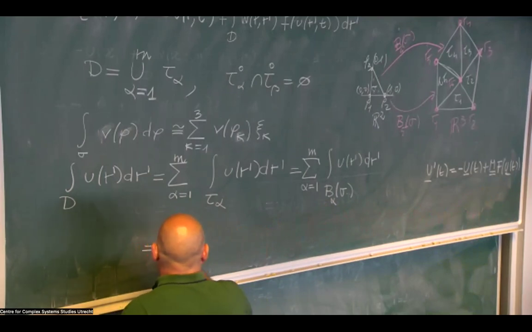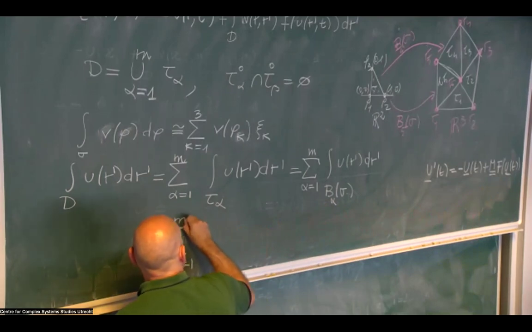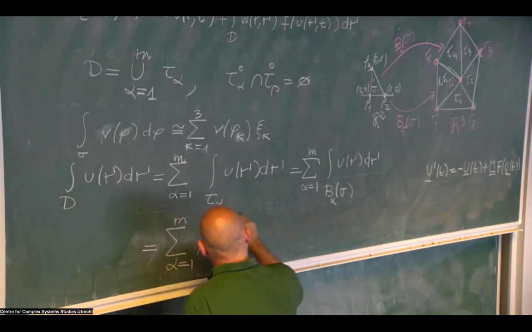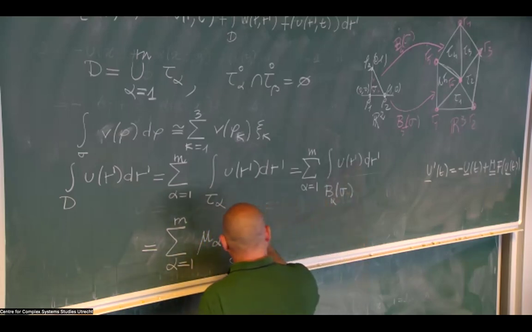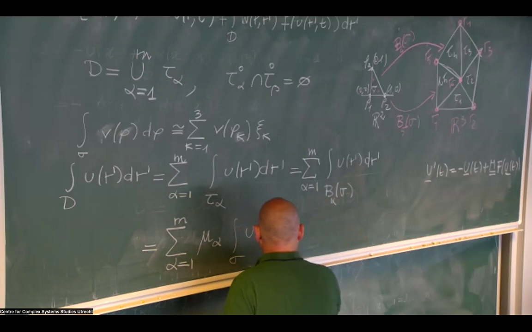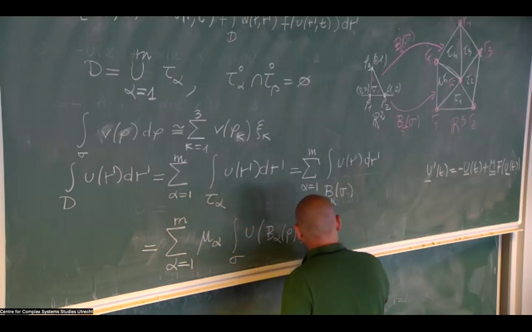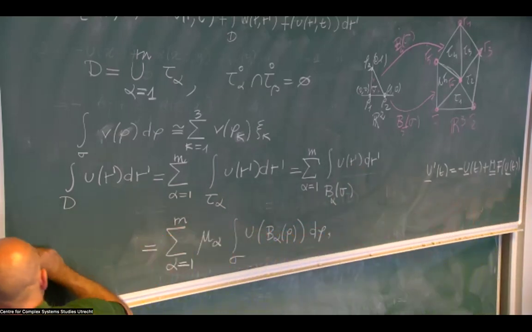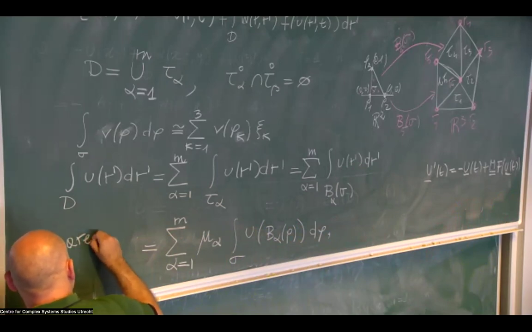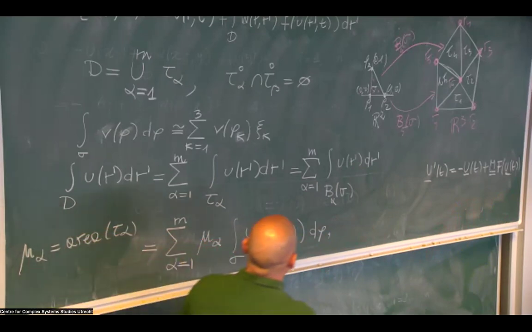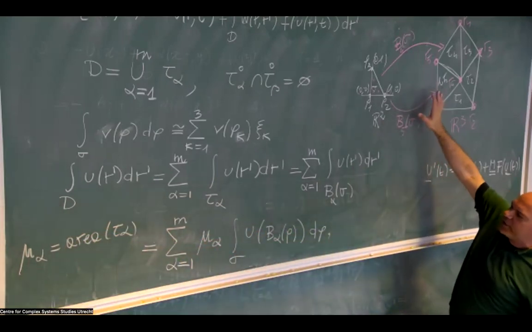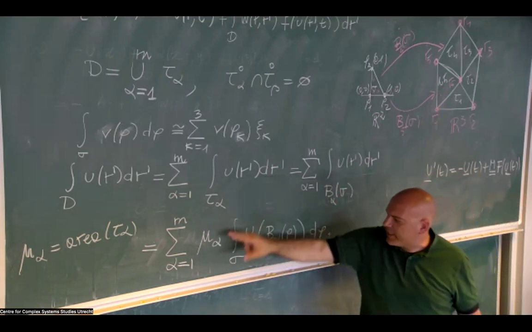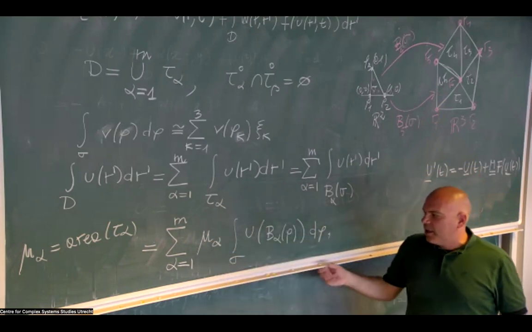And this transformation does something quite nice: with a change of coordinates, you can write that problem as a problem with coordinates in the simplex. What has happened now is that I have taken mu alpha to be the area of the triangle tau alpha. What these bijections do is they let you carry the problem onto the simplex triangle, and what comes out is just the area.